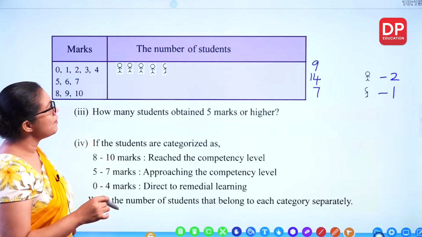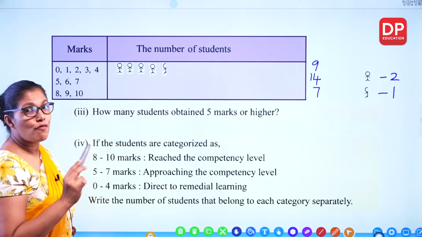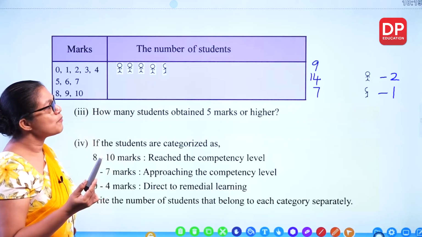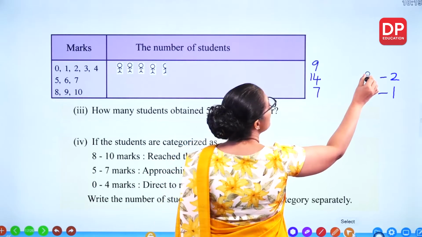Now, how can we make 14? So we need 7 of full parts. So 7 times 2, 14. So we can draw to make 14.